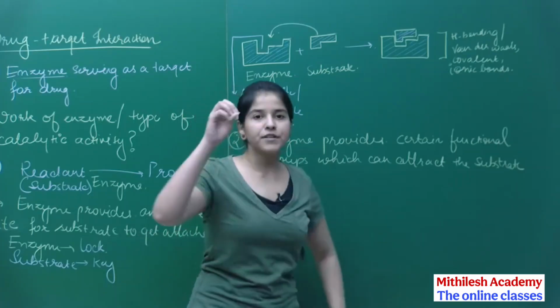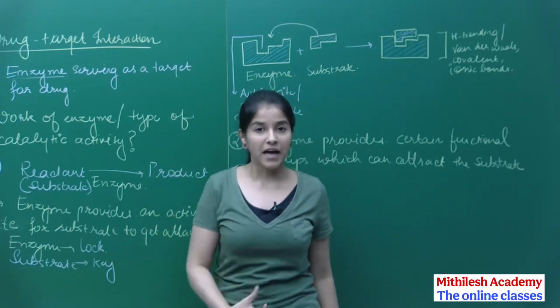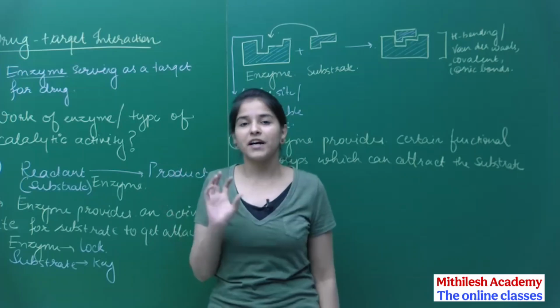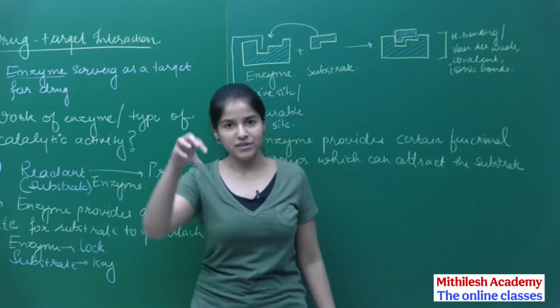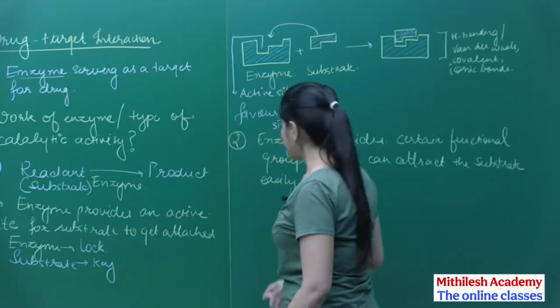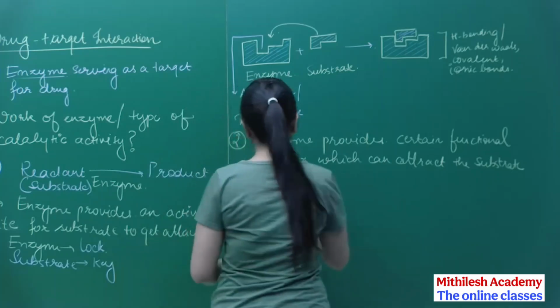So basically, once we have judged the activity of the enzyme, we can develop a particular kind of drug which can inhibit its activity. That is our main motive, our main target. So how will the drug act? Now comes the drug action.